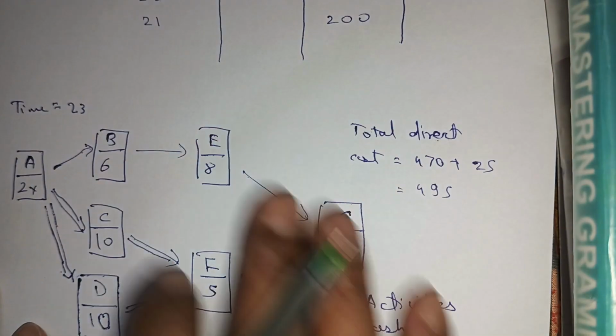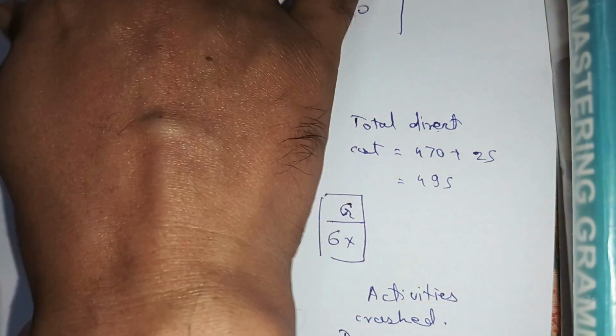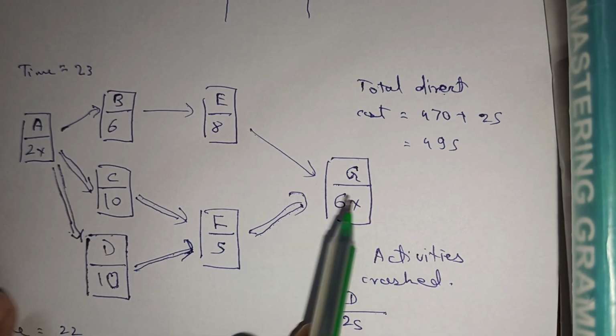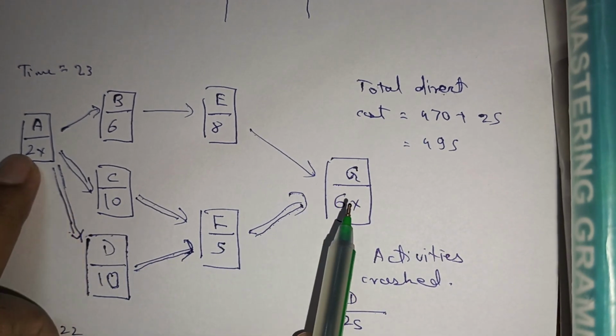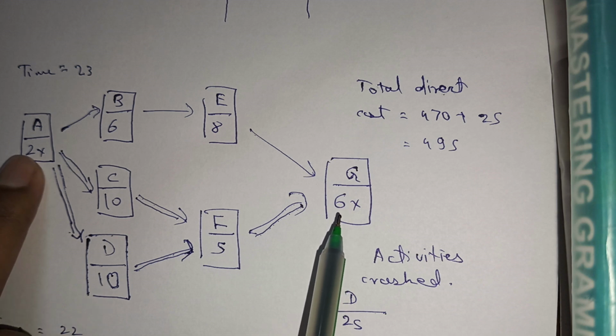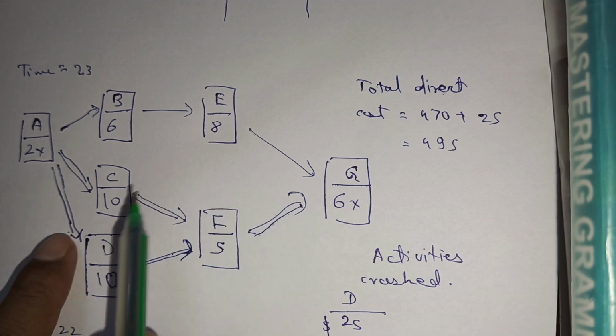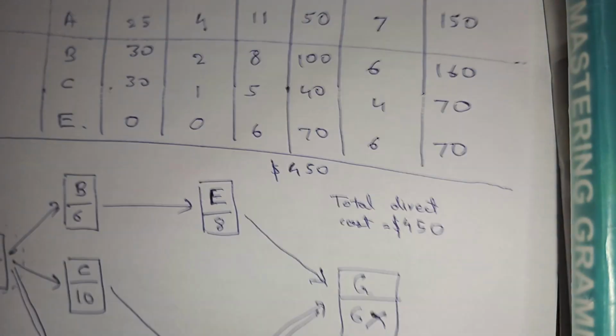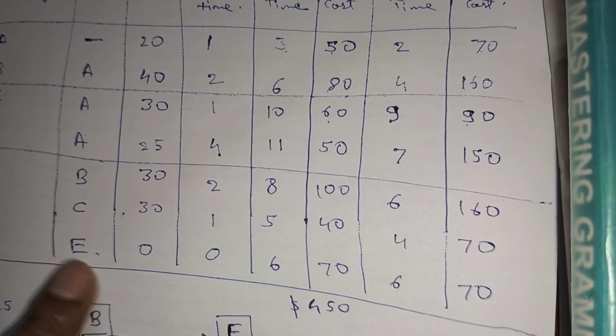Okay, now look at this diagram. Which activity should we crash? A and G we cannot crash, it is already at its maximum, 6x, 2x. Okay, now we have the activities C and D and F. Which one should we crash? Let's look at this table again.